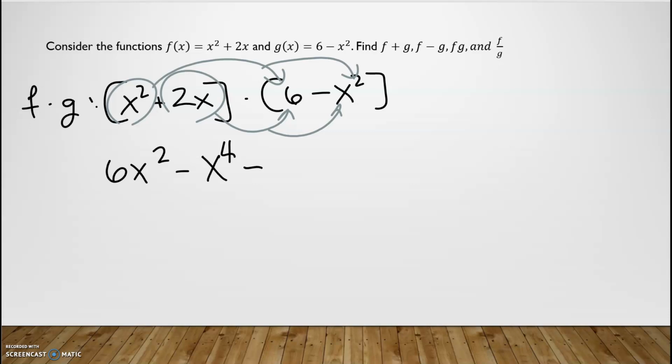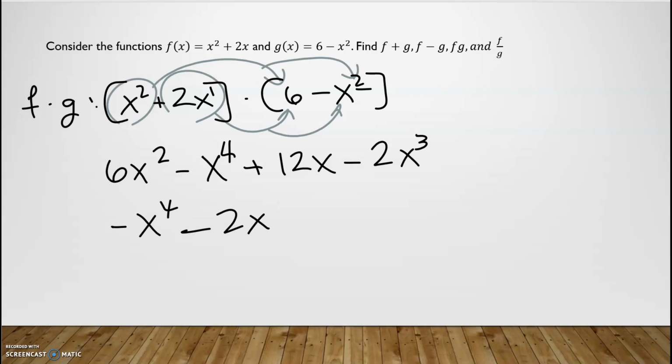That would give me plus 12x minus 2x, and this is raised to 1. This is a 2, so 1 plus 2, that would be 3. Then I really just need to put it in order. Negative x to the 4th minus 2x cubed plus 6x squared plus 12x. And that's the function when you take f times g.